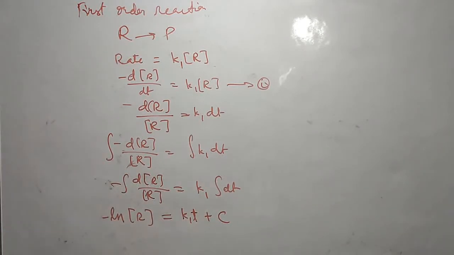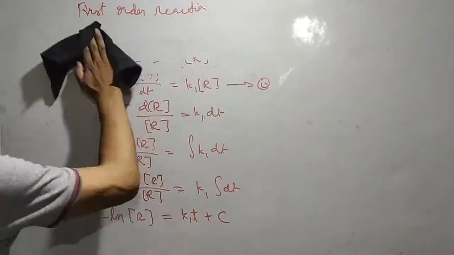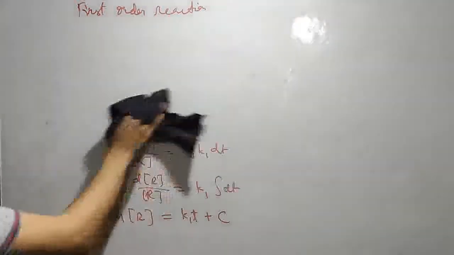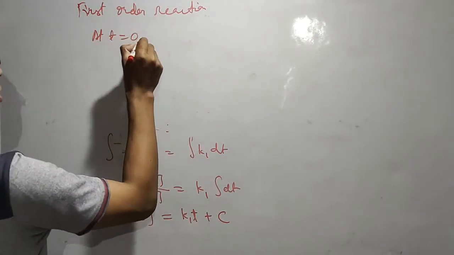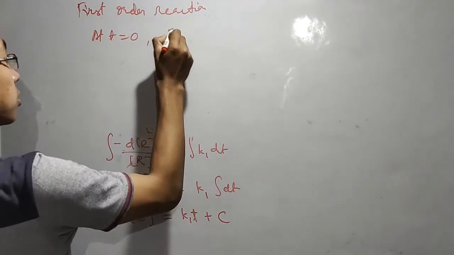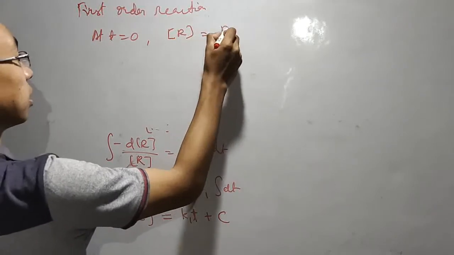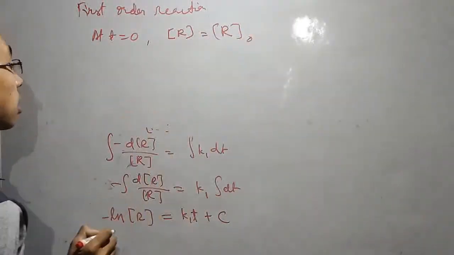So let us put one condition. When t is equal to 0, what happens? The concentration of the reactant will be the initial concentration, which is taken as R naught.